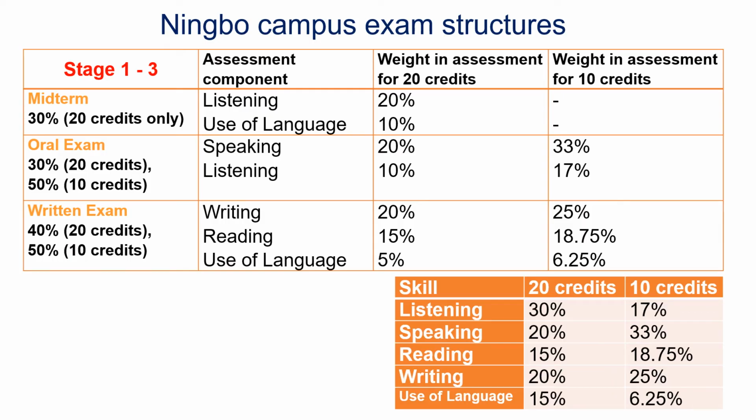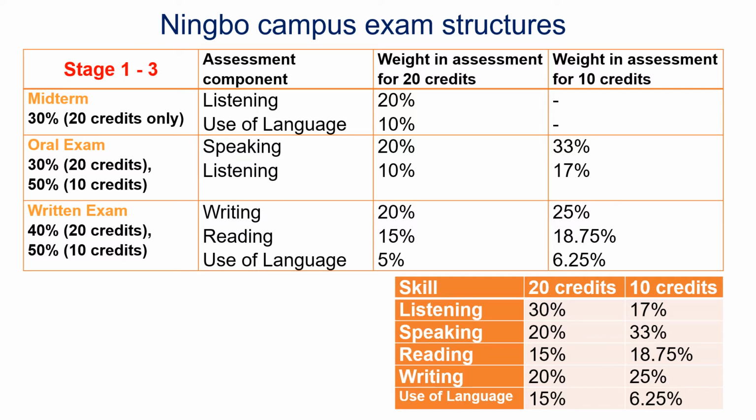In Ningbo and Malaysian campuses, 2 different cohorts are taught together in the same classroom. Students who have taken languages as a compulsory module will be awarded 20 credits, and students taking languages as an optional module will be awarded 10 credits. In the Malaysian campus, both cohorts are taught together in the same room and given the same assessments.